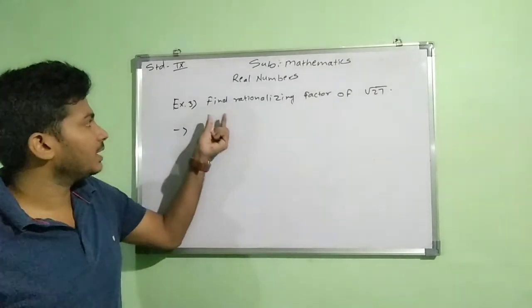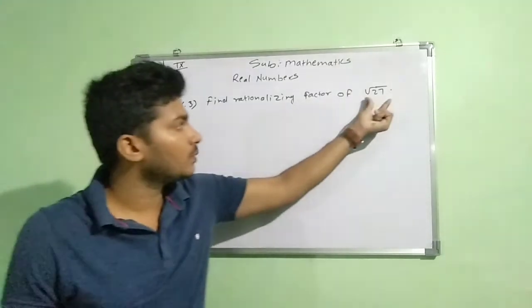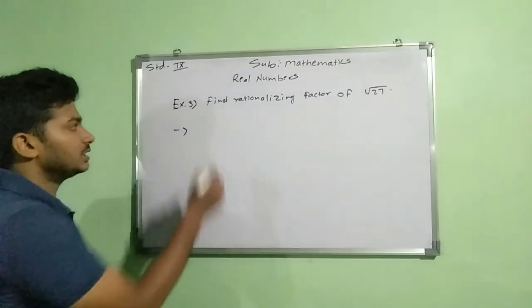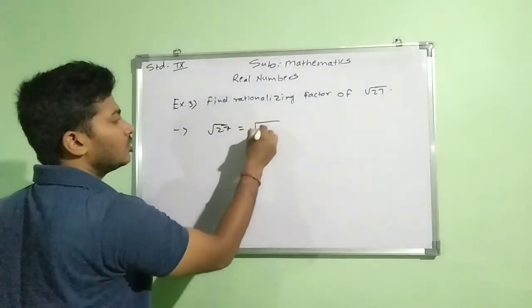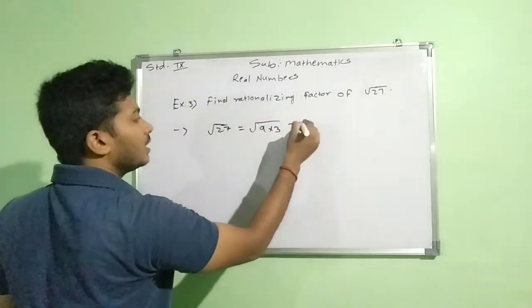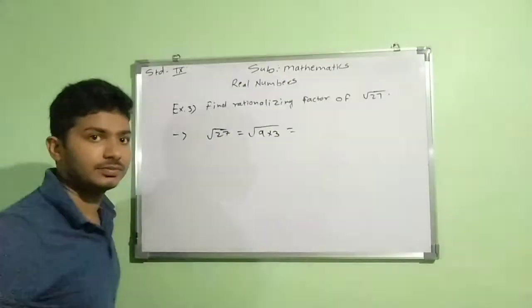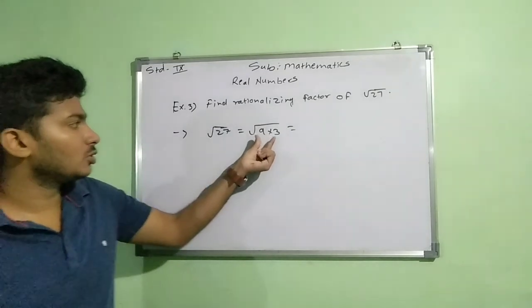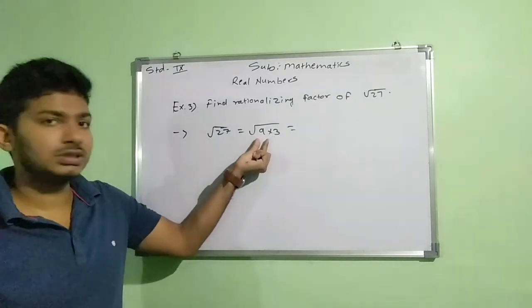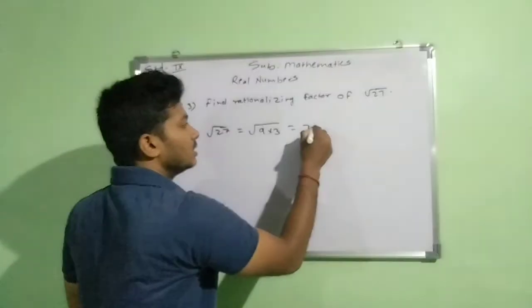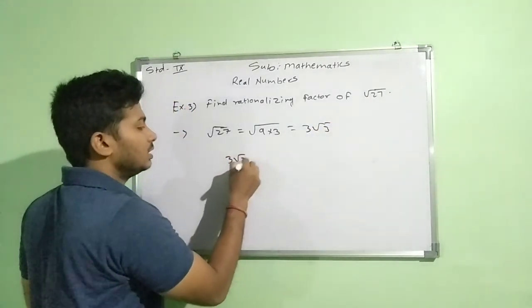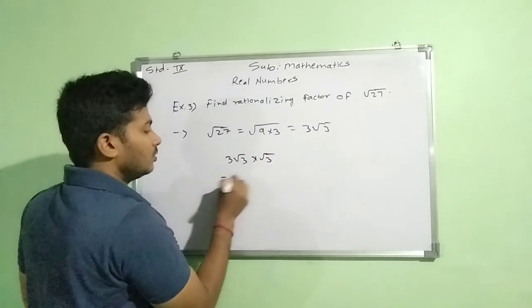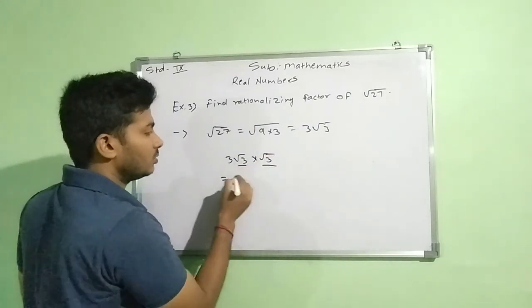So the question will be like, find the rationalizing factor of square root of 27. So we have to write 27 here. Square root of 27 we can write as square root of 9 into 3. That 9 we know is a perfect square, so we can write 3 root 3. So if we multiply that 3 root 3 with root 3, the multiplication of root 3 into root 3 will be 3.